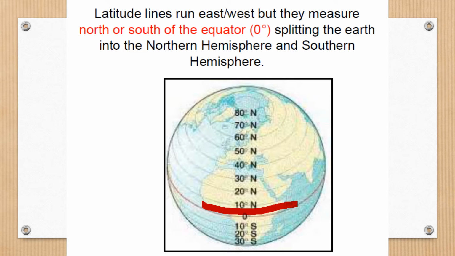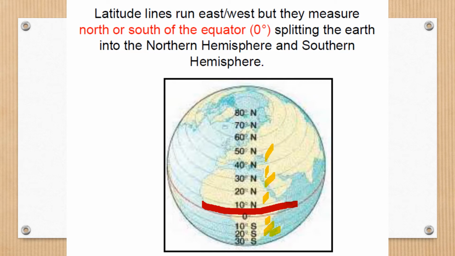And all the latitudes are measured either north of the equator. So you can see the 10, 20, 30, 40 and so on north of the equator, or 10 degrees south, 20 degrees south, 30 degrees south of the equator. Latitudes are always measured north or south of the equator, but they run in the east-west direction.